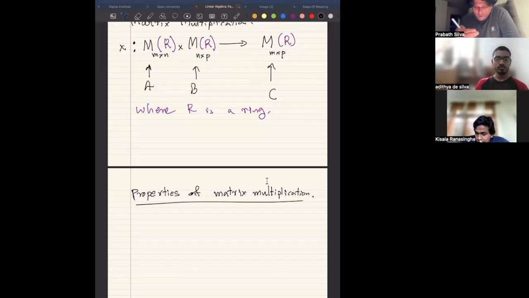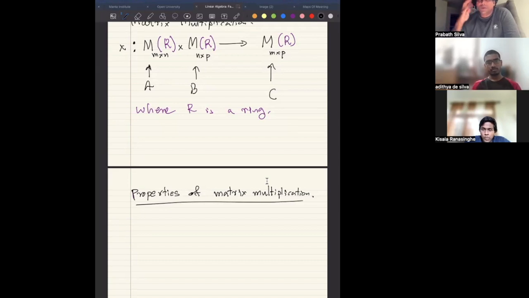When you talk about the properties at this stage, you want to think about properties of the matrix addition by itself, and we have done those. And then you have properties of matrix multiplication by itself, and then you have properties of some compatibility of addition and multiplication.